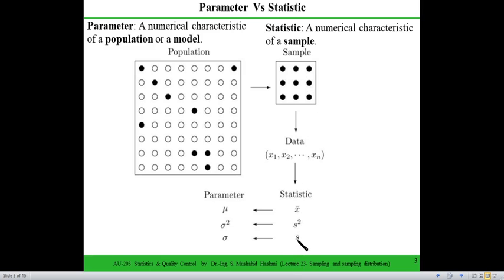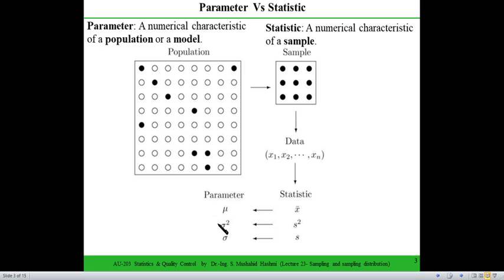So these are the numerical characteristics related to the sample, and the purpose of getting information from this sample is to predict the characteristics of the population. So characteristics of the population could be mu, which is the population mean, sigma square, the variance of the population, and sigma, the standard deviation of the population.